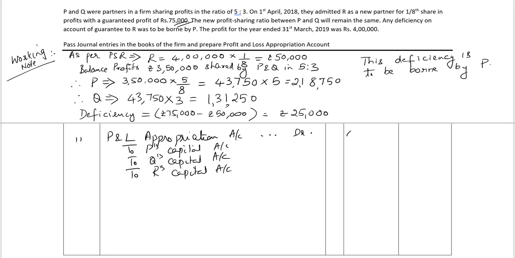The total profits rupees 4 lakh. P share in profits 2 lakh 18,750. Q share in profits 1 lakh 31,250 rupees, and R share in profit rupees 50,000.